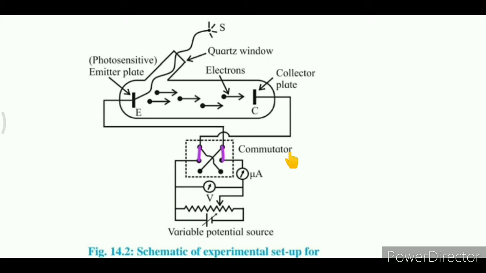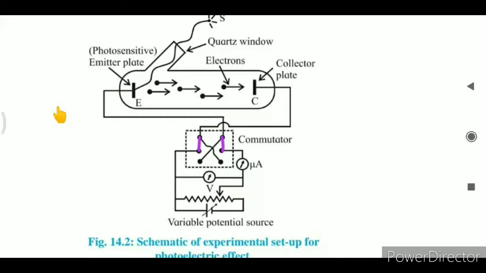The positive potential by this commutator key is connected to the collector plate, and the negative potential is to be applied by using this connection to the emitter plate. Okay.